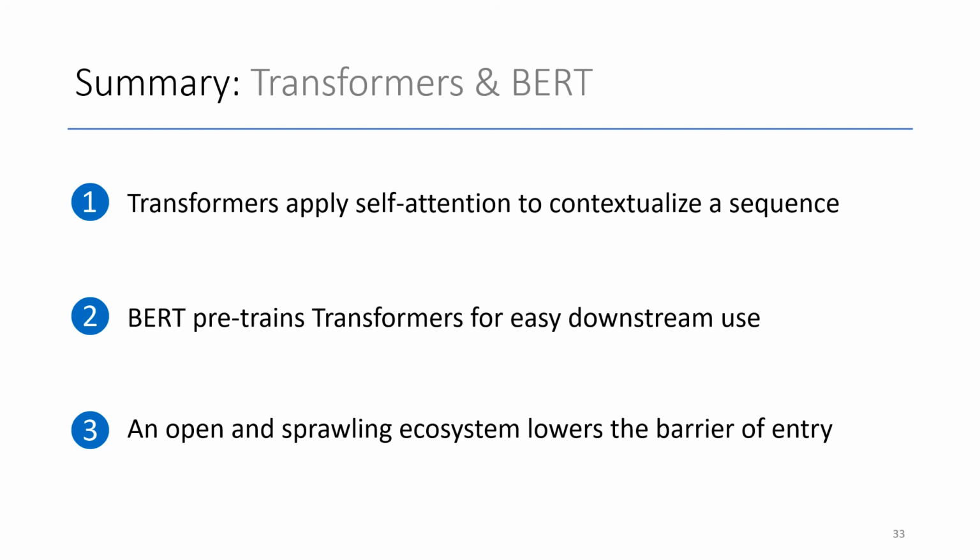And then finally, the very important piece of tying the ecosystem together in an open and accessible way lowers the barrier of entry for everyone and makes the use of all our work much more accessible and broadly available, which is awesome.